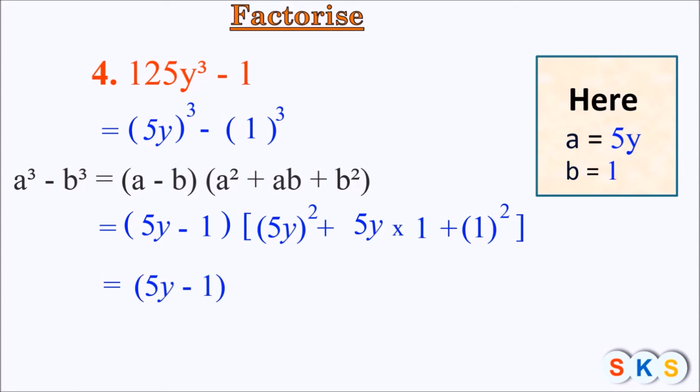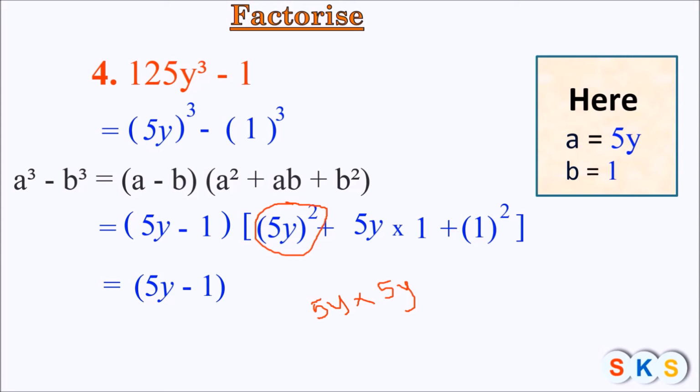Now look at the second bracket, the first term is 5y the whole square, right? And what do you mean by 5y the whole square? It means 5y into 5y, right? And 5y into 5y gives us 25y square. So in place of 5y the whole square, we will write 25y square.